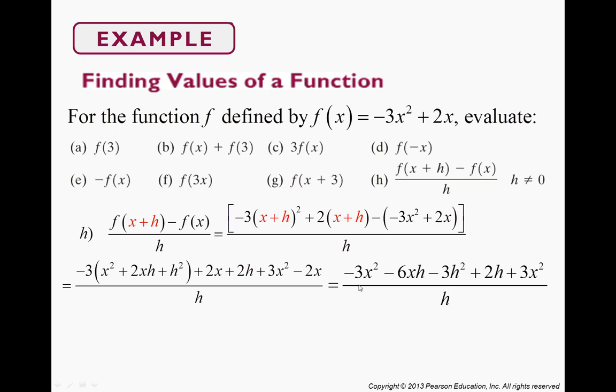So I get negative 3x squared, negative 6xh, negative 3h squared, plus this positive 2x and minus 2x cancel each other out to give you 0. 2h plus 3x squared.